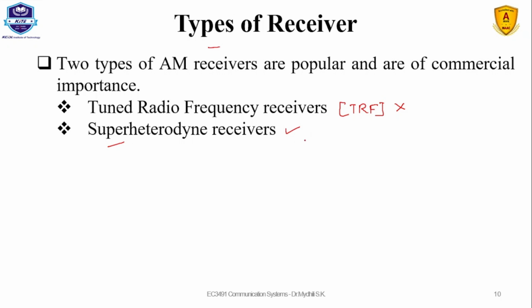Though regenerative repeaters have come into the picture today, the superheterodyne receiver is important and is the most widely, commercially used receiver. This is the receiver you are going to study in your syllabus too.